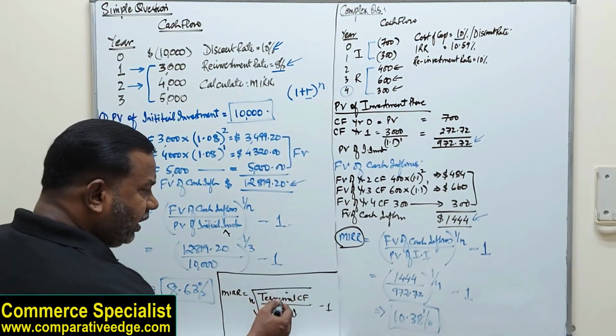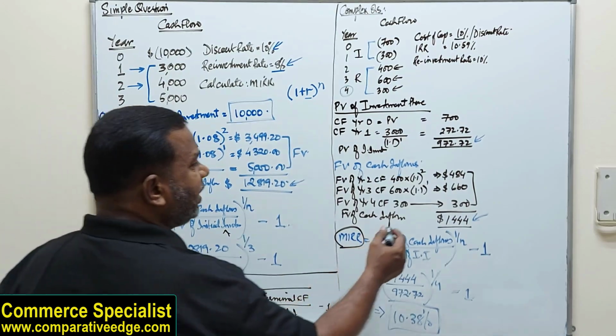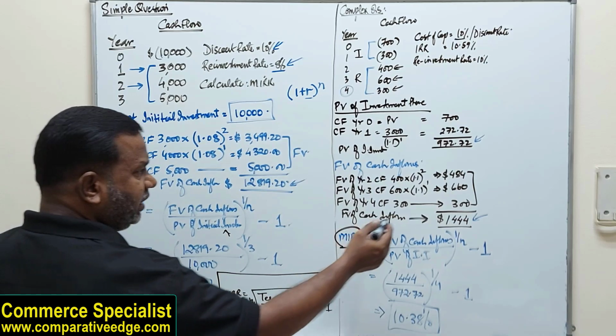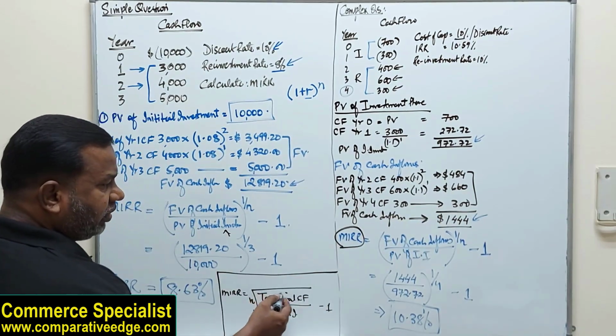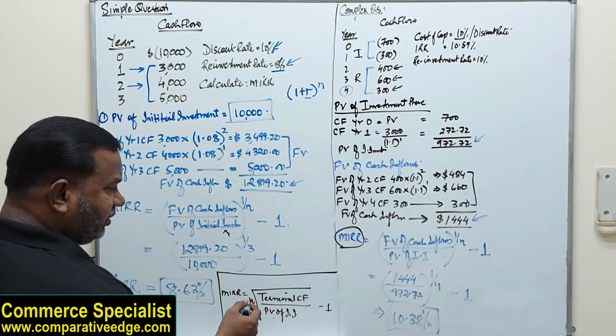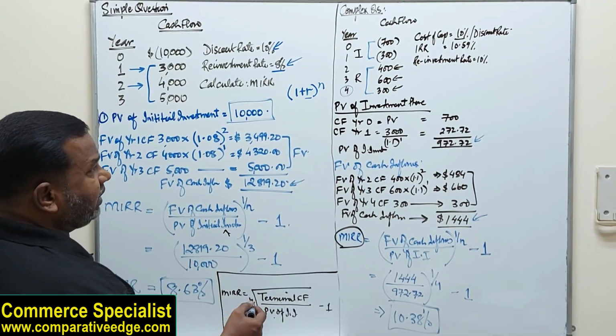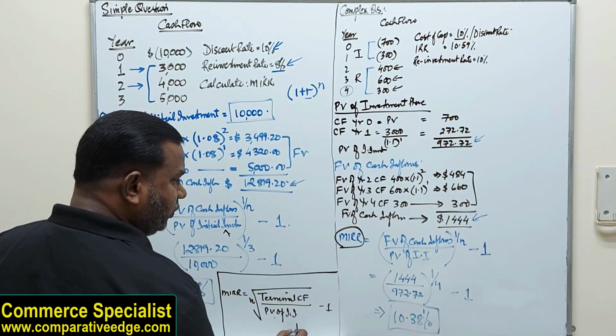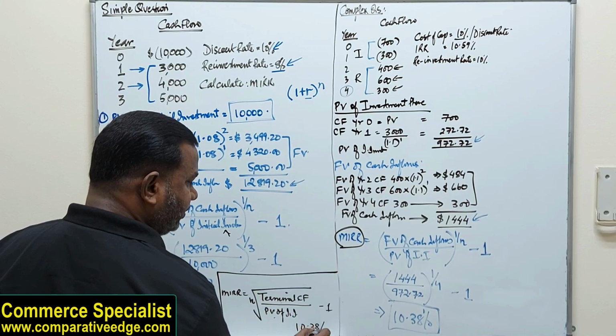Let me tell you, terminal cash flow is the same as future value of cash inflows. So you can plug in the numbers 1,444 here, over here present value will be 972, nth root would be 4th because n is the life of the project, and whole thing minus 1 will still give you 10.38%.